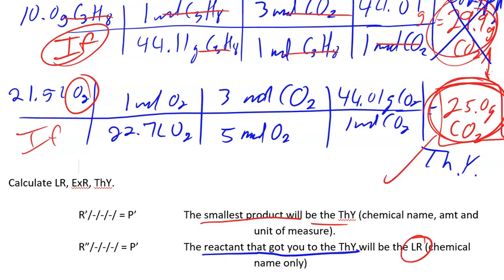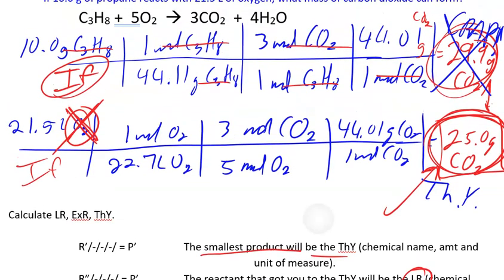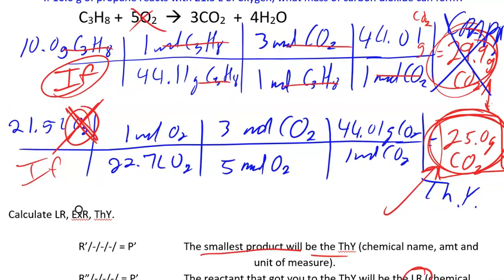But what happens at the point at which you make 25 grams of carbon dioxide? At the point that you make that much, the oxygen will run out. Without oxygen, you don't have a chemical reaction. That's gone, the reaction stops. And therefore, it limits the production.